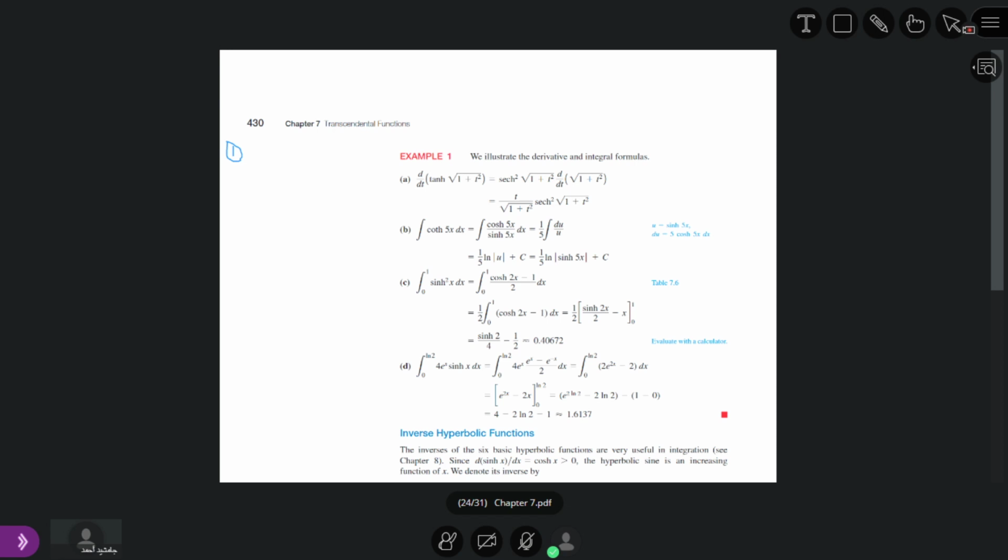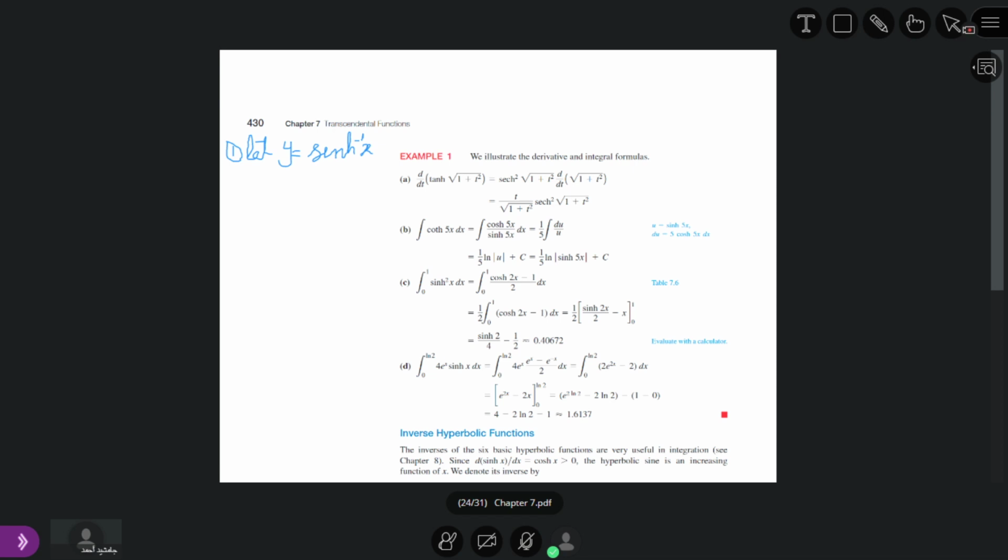So first of all, I put let y is equal to sine hyperbolic inverse x. This is the first step.